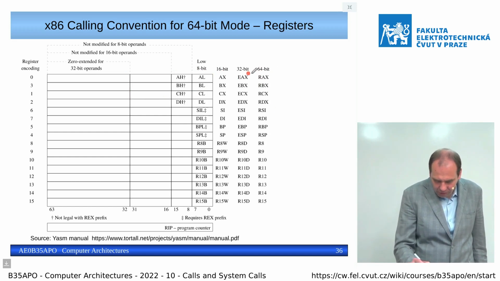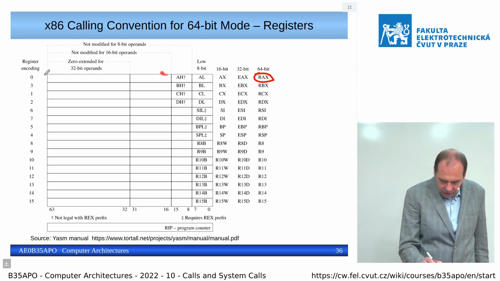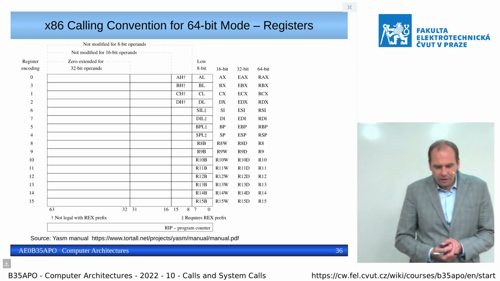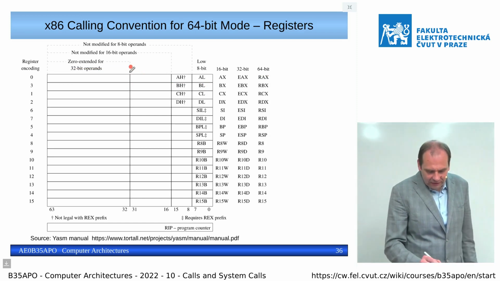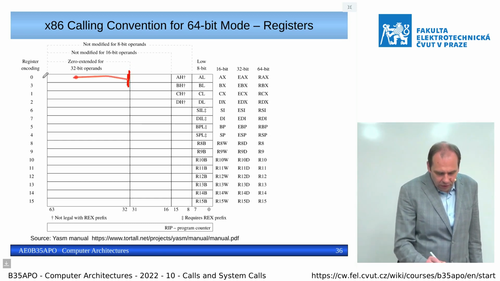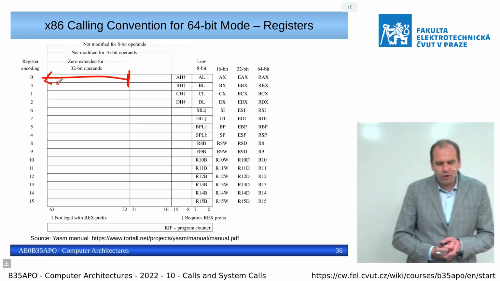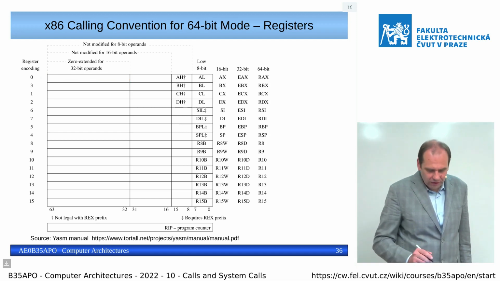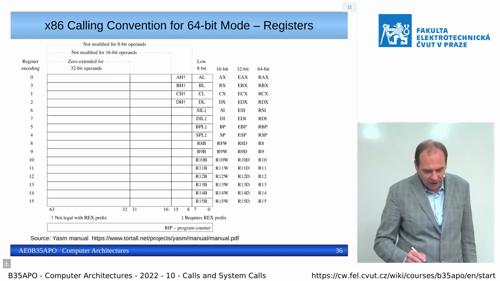The 64-bit registers are not called EAX but RAX. When a register is accessed as a 32-bit register and you store a value, the rest up to 64 bits is overwritten by 0. This is to lower the number of dependencies between instructions.